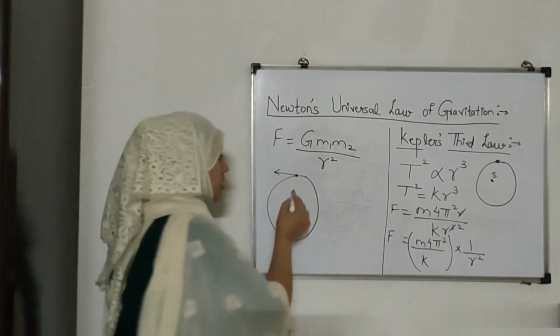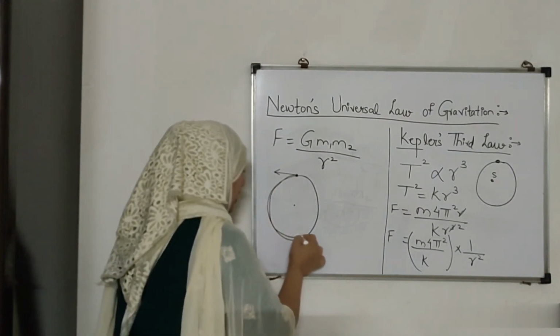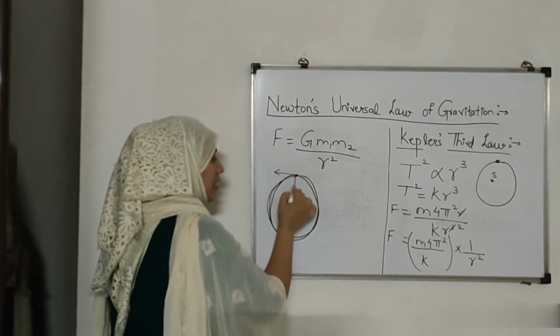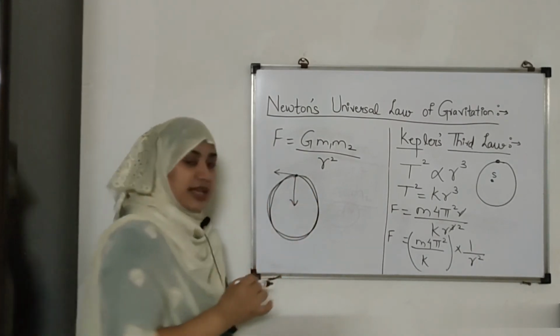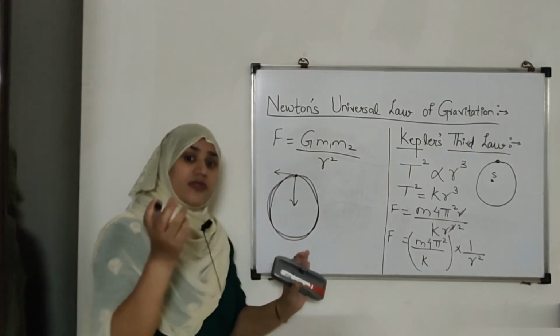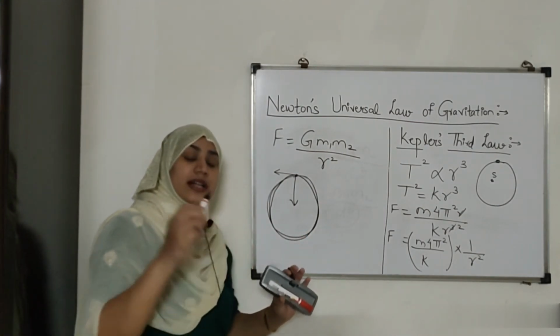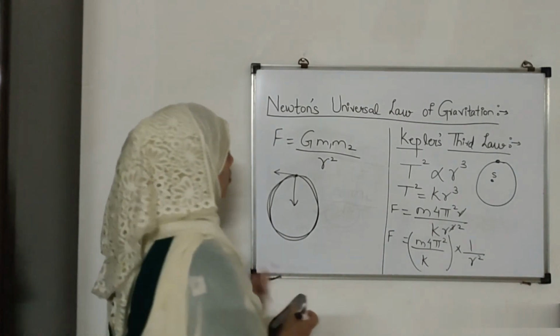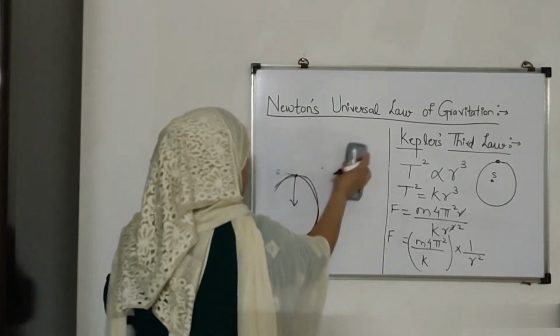Because of that velocity, it keeps continuing in the circular motion. If it did not have that velocity, it would fall towards the center. Same with the earth and all the planets: they have a velocity, and due to that they keep revolving around the sun. So we have proved Newton's universal law of gravitation.